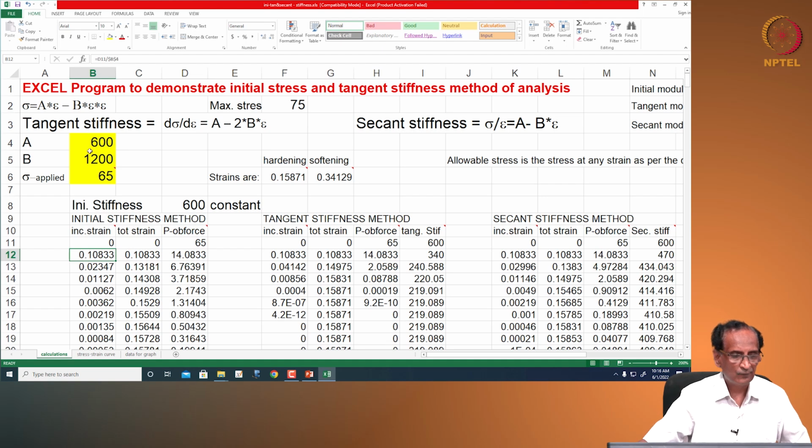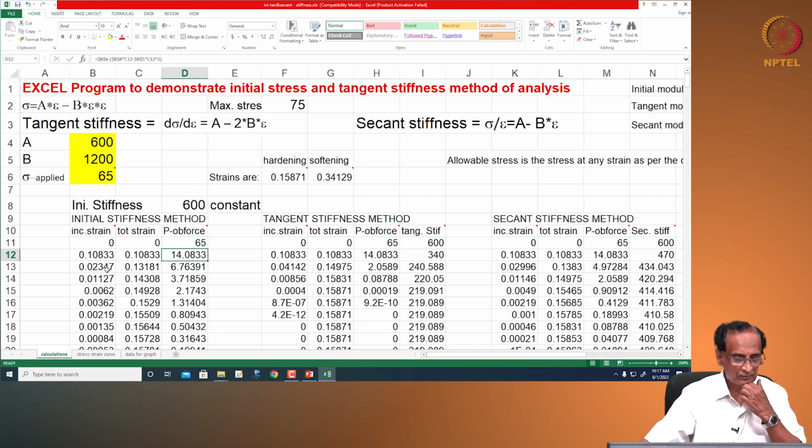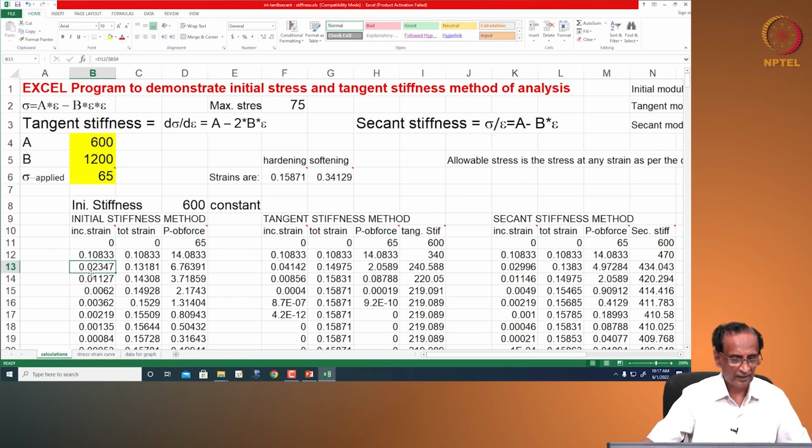So that B4 is our 600, and then our total strain at this stage is 0.1083, and our outer balance stress is the applied stress of 65 minus the reaction that we get from our stress equation, A epsilon minus B epsilon square. Then we take this new outer balance stress of 14, divided by 600, as our strain increment.